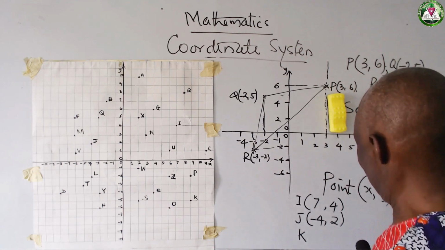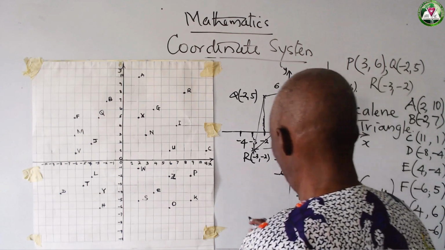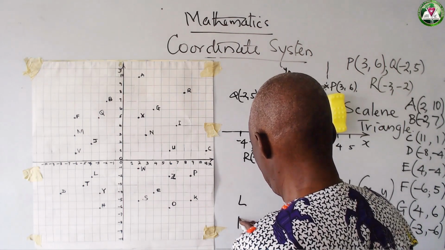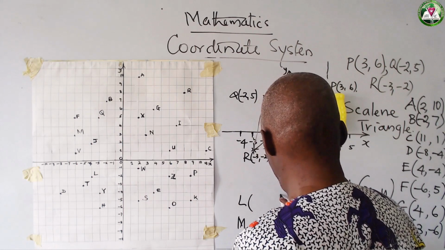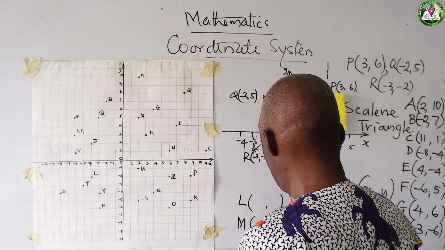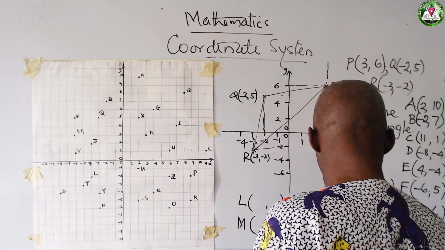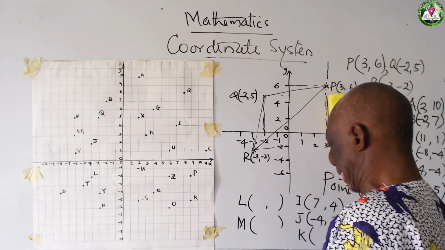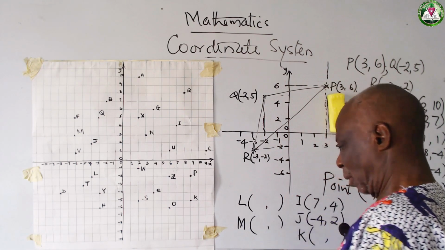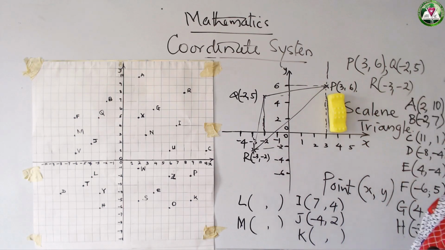So, it means we will have J, K, L, and M. So we will stop at this 3. After that, you will do the rest. That will be the assignment for you to do the rest.